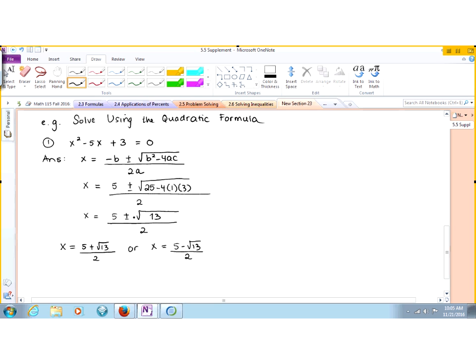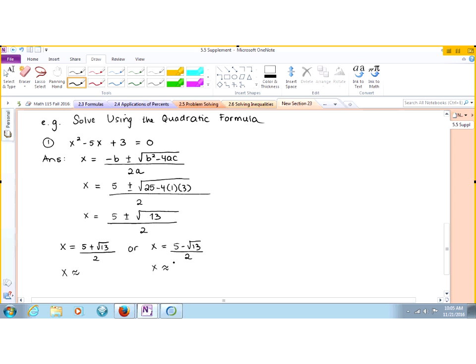You could also leave this as 5 plus or minus square root of 13 divided by 2. Now, this is an exact answer, but can we get an approximate value? We're going to use a calculator.